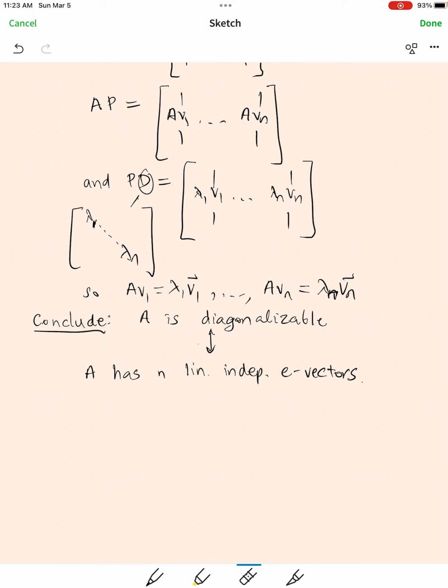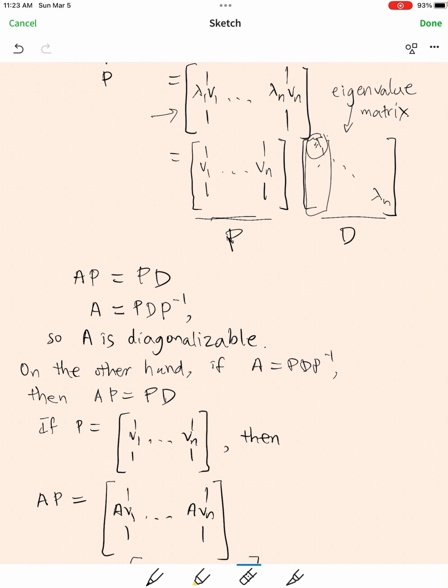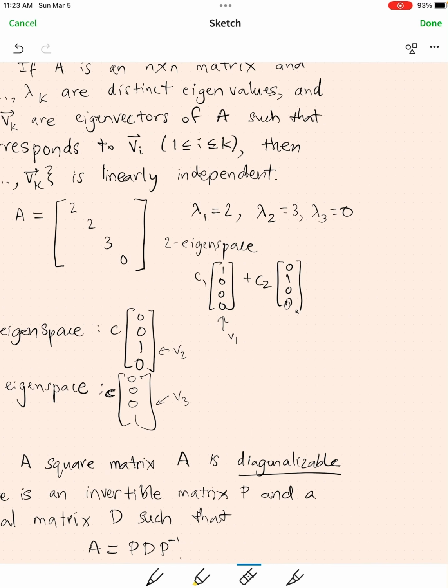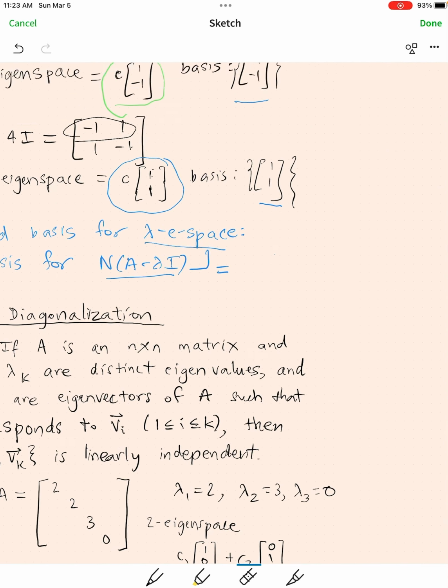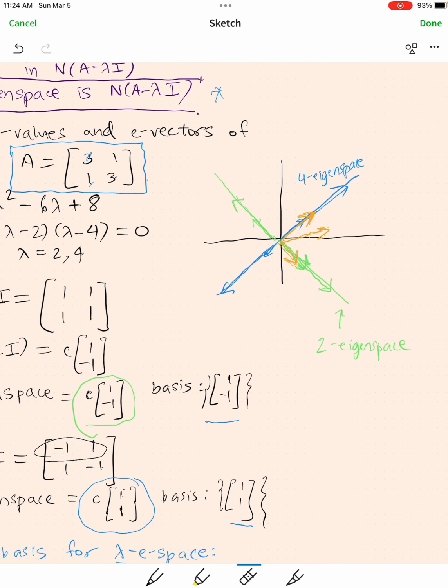So for instance, let's go way back. Let's go back to this matrix, 3, 1, 1, 3. So we found two distinct eigenvalues. Is this matrix diagonalizable?